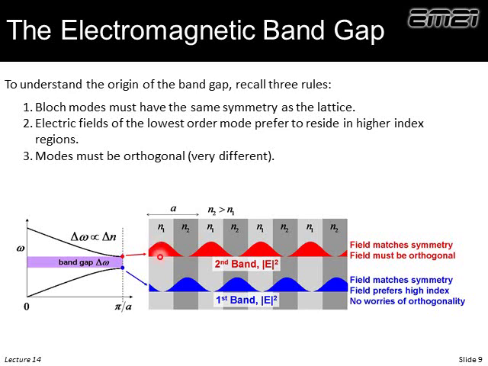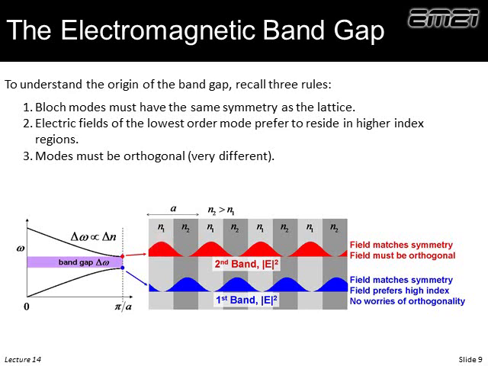So now let's think about this. We have two waves with the same period. However, the lower order band must have a higher average refractive index because the majority of the power is in the high index regions. This one, the majority of the power is in the low index region, so this one has to have a lower average refractive index.